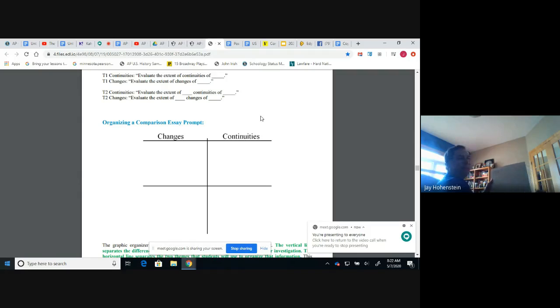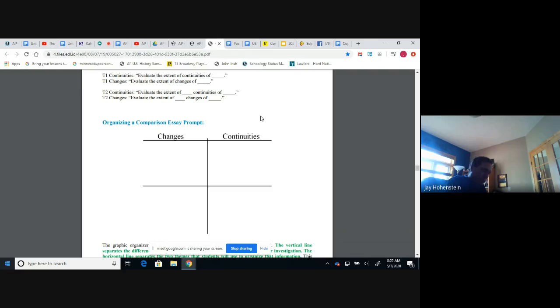The thing that's nice about his chart, if I build it from this perspective right here, I could easily go like this if I really wanted to create a sophisticated essay. You know what I mean?